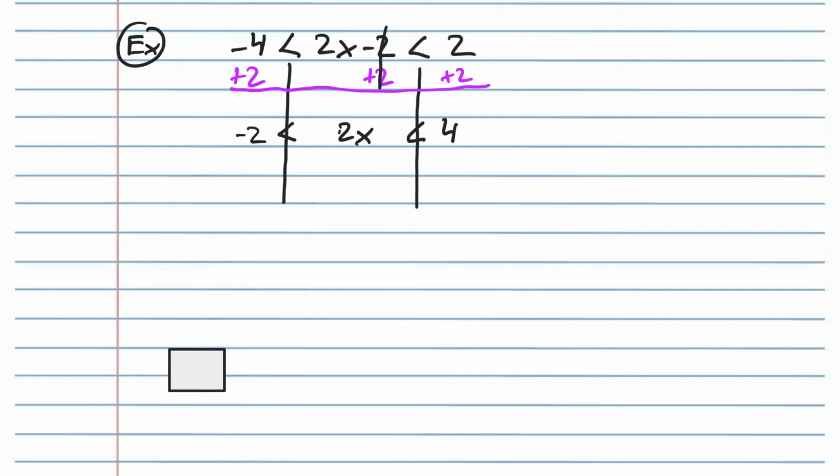We're going to get rid of that 2 with division. Whatever you do in the middle, you're going to do everywhere. So divide this by 2 and this by 2. Okay, so the 2's cancel out in the middle. We get the x by itself in the center, which is what we wanted. Okay, the right side, 4 divided by 2 is 2. On the left side, -2 divided by 2 is -1.